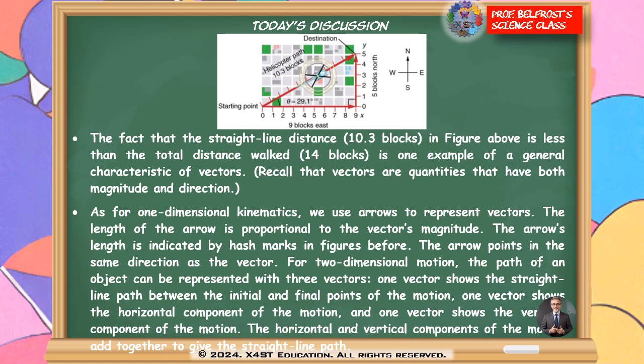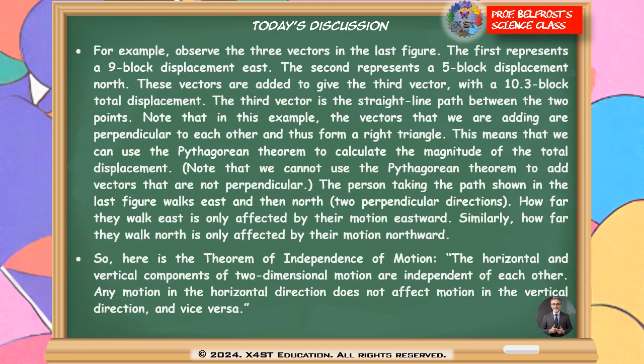One vector shows the horizontal component of the motion, the 9 blocks, and one vector shows the vertical component of the motion, which is the 5 blocks north. Together these give the straight line path if we add them vectorially. This is just the explanation of the previous figure.